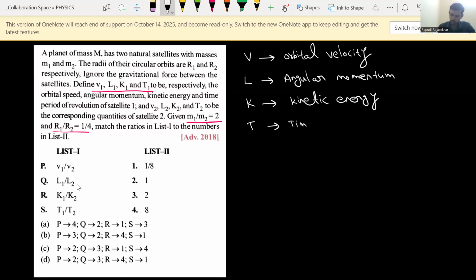So these are the given quantities V, L, K, T, and we need to find the relations.